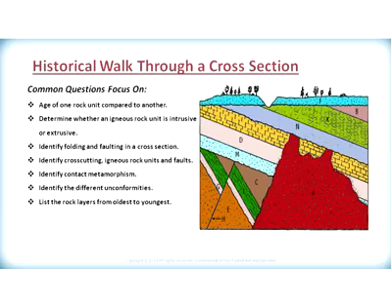So if we look at another historical walkthrough of a cross-section, we can see several different common questions that can be asked on any cross-section. Some of the common questions include the age of one rock unit compared to another.